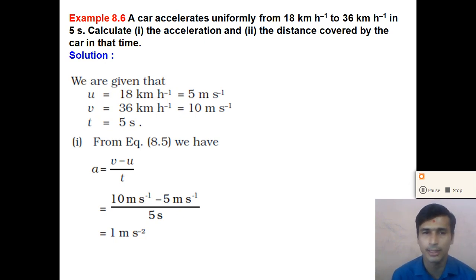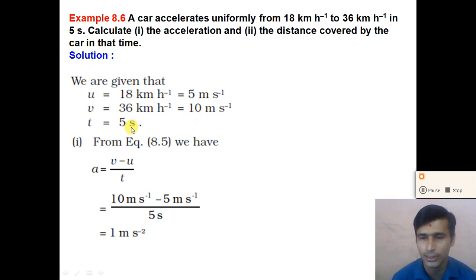How do we convert? 18 multiplied by 5 divided by 18, so we get u is equal to 5 meter per second. The final velocity v is 36 km per hour. Converting this into meter per second, we get 10 meter per second, and time t is equal to 5 seconds.